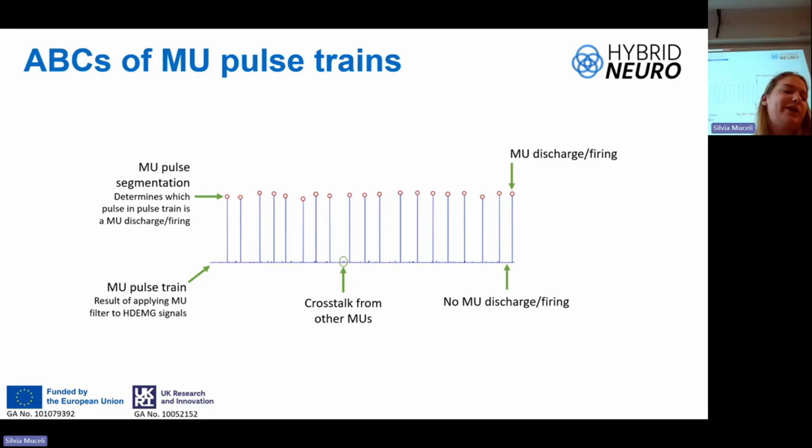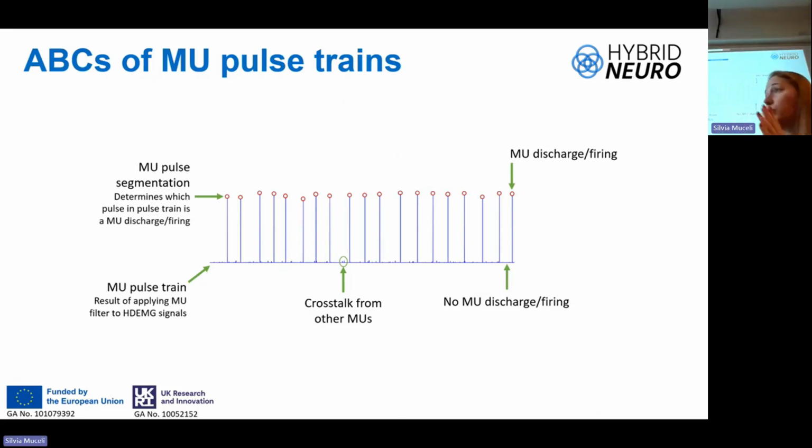Besides the pulse train, the automatic part of the decomposition also produces firings, which are yielded by the automatic segmentation method. With a firing, we denote a pulse in the pulse train as being a true pulse from a motor unit. So with firings, we actually make a division between motor unit pulses and noise.